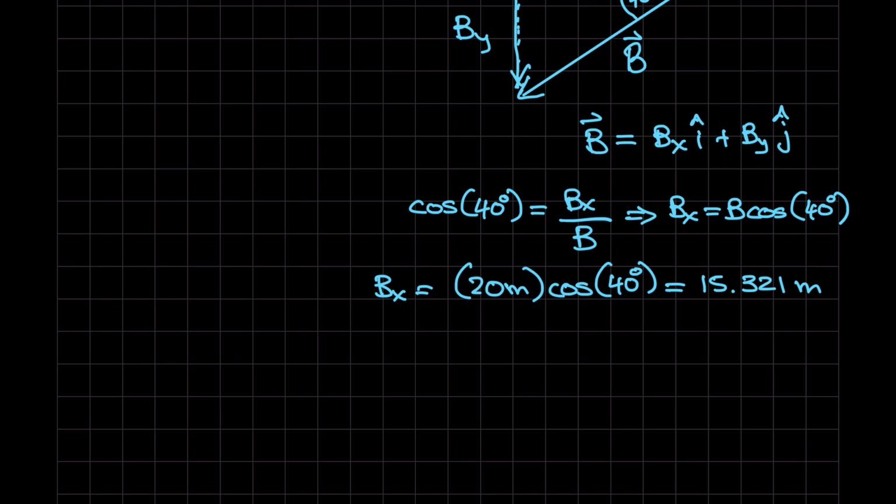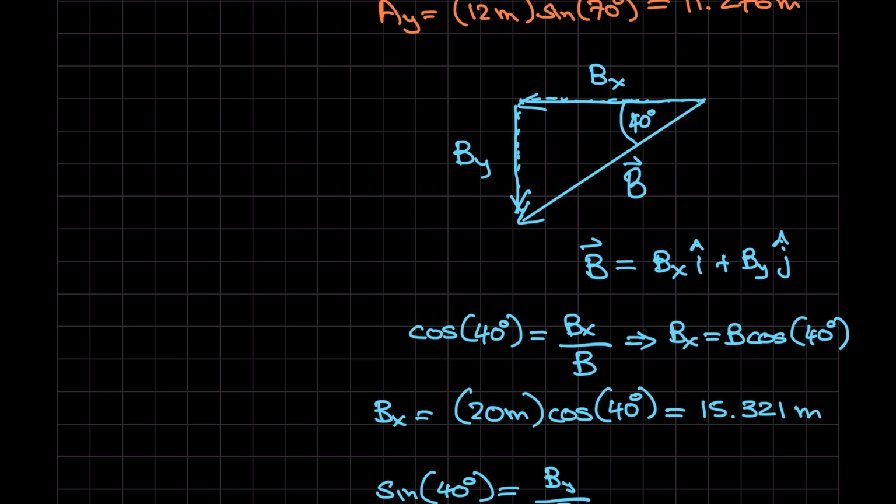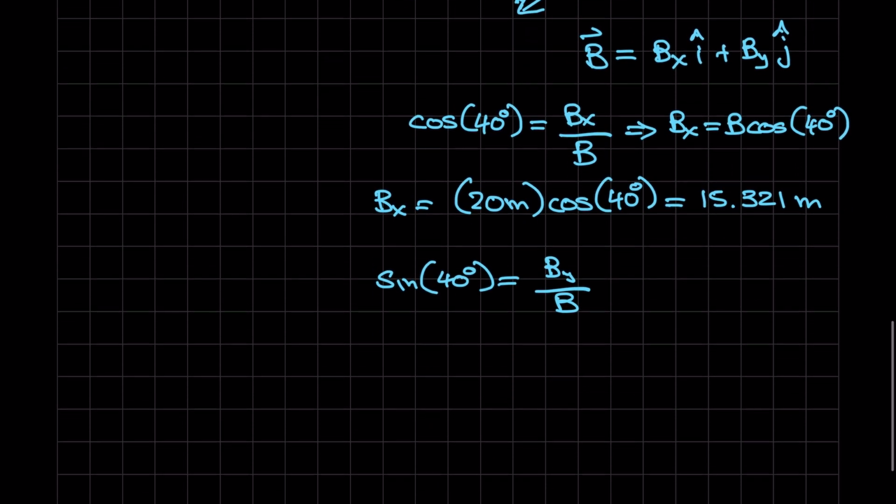Let's find the other component, By. Sine of 40 degrees is equal to By over B. Looking at that angle, what is its opposite? By. What is its hypotenuse? B, the magnitude of B, which lets us solve for By equals B sine of 40 degrees.